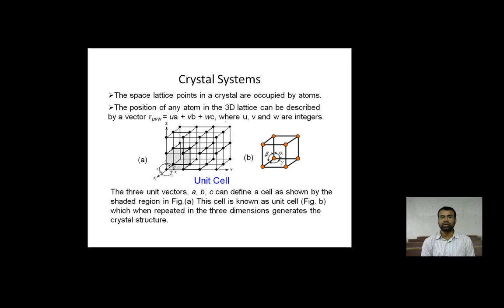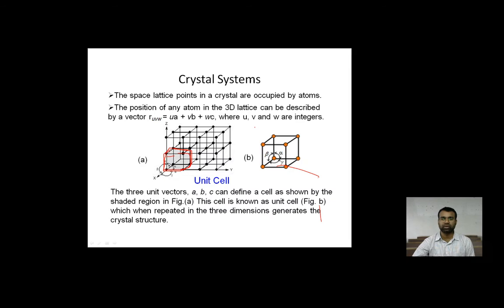So the three unit vectors A, B, C can be defined as shown by the figure in the shaded area. This cell is known as the unit cell, and that box comes from a point in the space lattice.